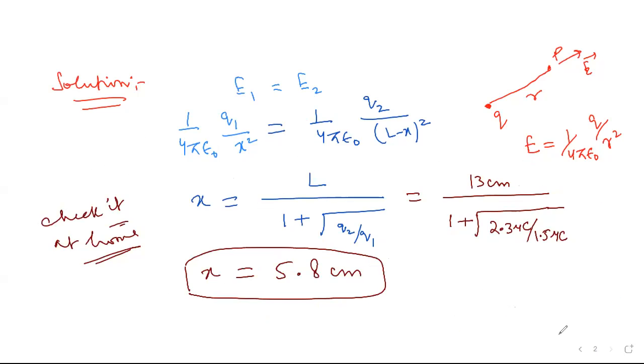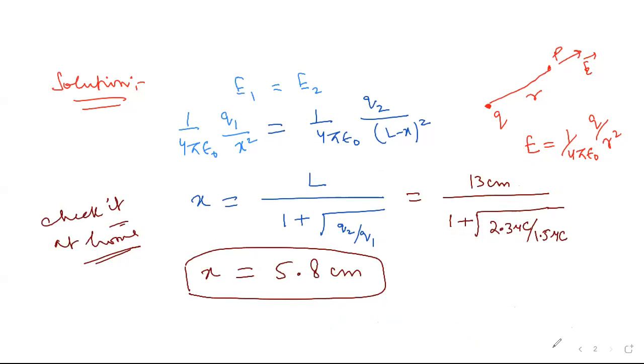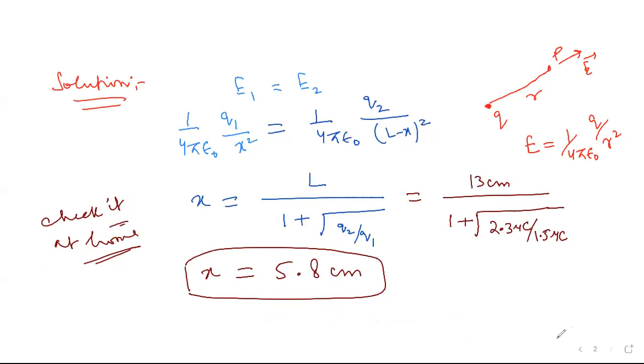Now convince yourself from the solution. Firstly, x is positive and is less than L. Positive means it must be to the right of origin, and since it is less than L, L is 13 centimeter, that justifies our position that this point P is between the charges. Got it? I repeat, x is positive, that means it is to the right of origin. x is less than L, that means it lies between Q1 and Q2.